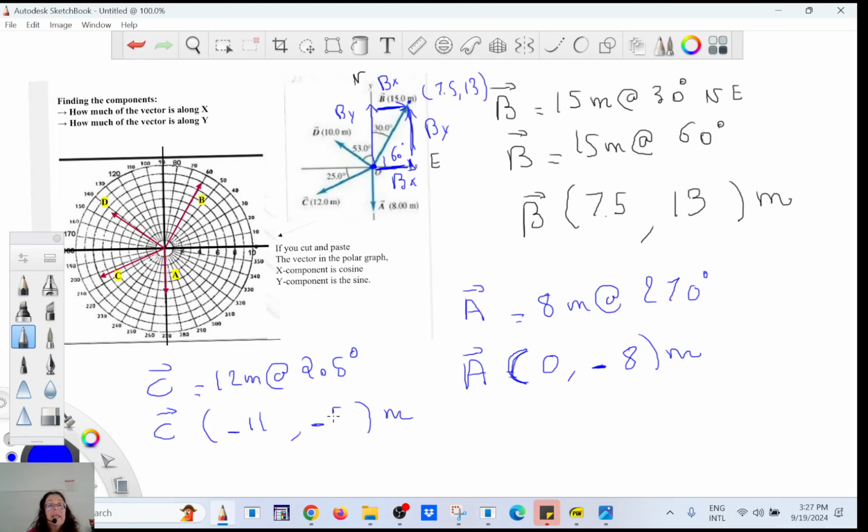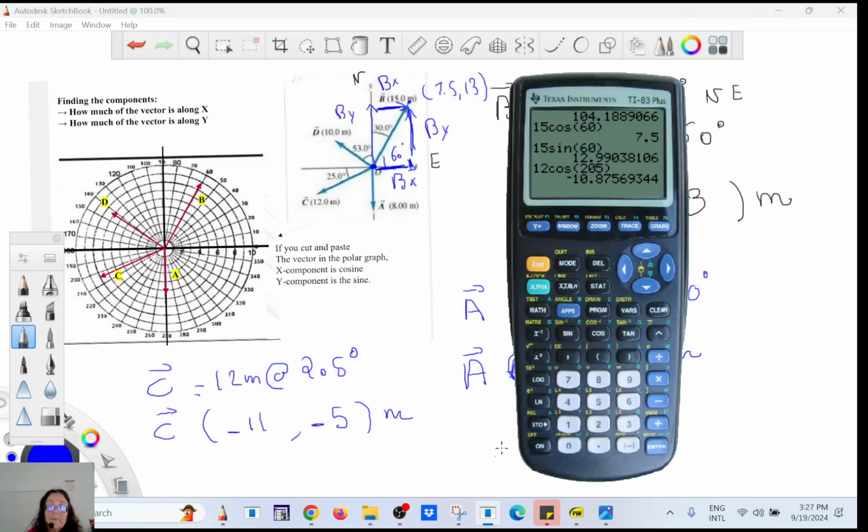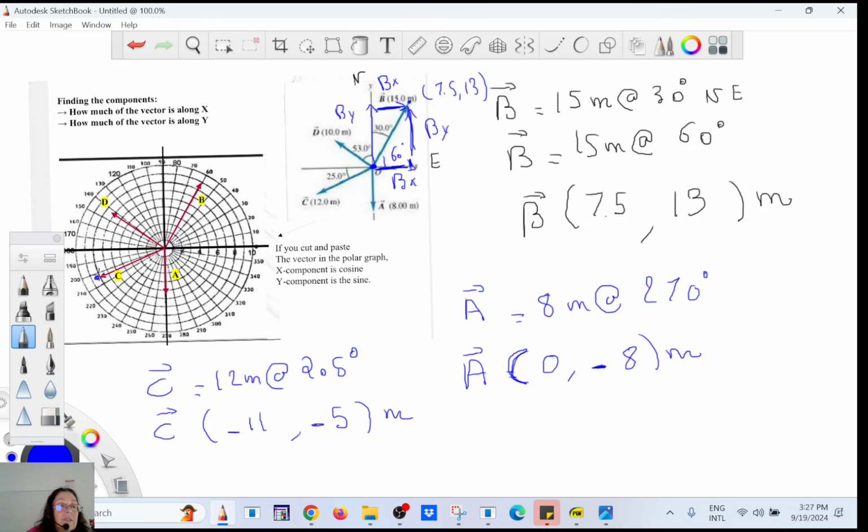Negative 5 meters. Okay? So 12 sine 205. Okay? So this is the polar notation. This is the Cartesian notation. That means that point here is minus 11, minus 5.